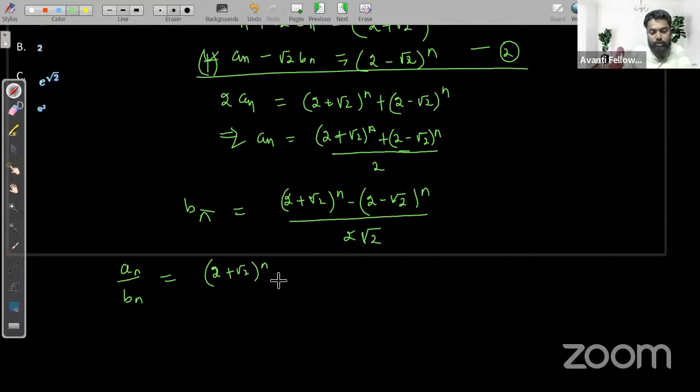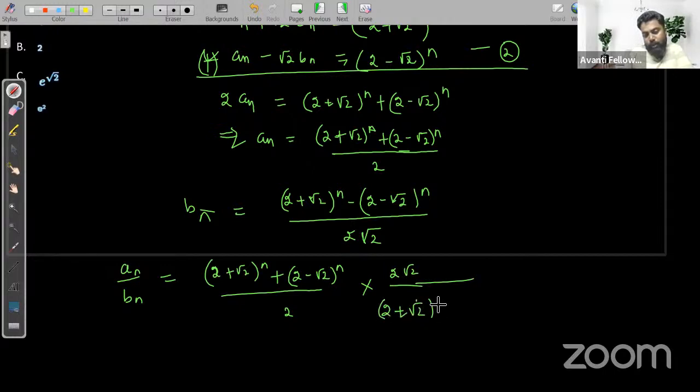plus (2√2) whole to the power 2 plus √2 to the power n minus (2 minus √2) whole to the power n.